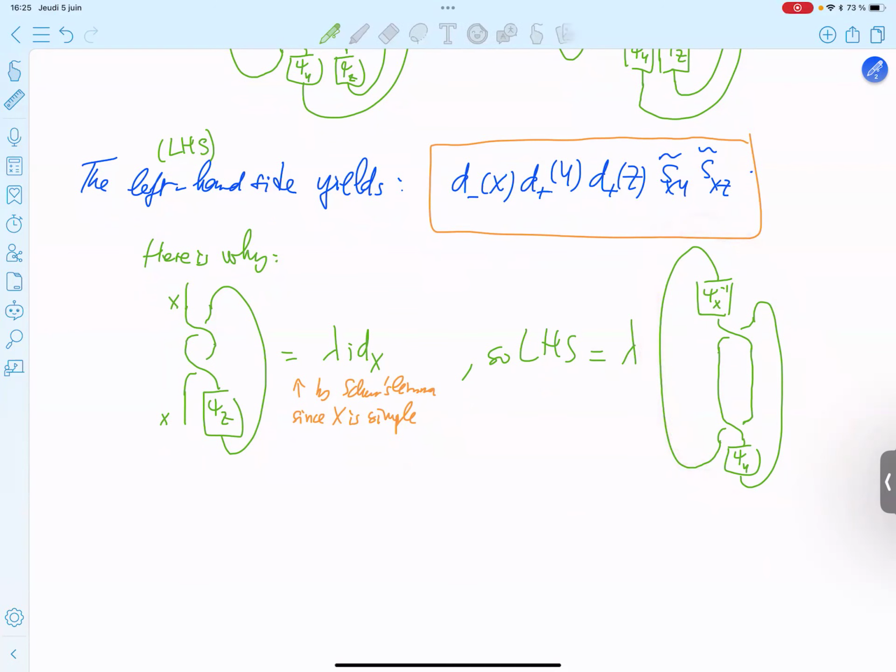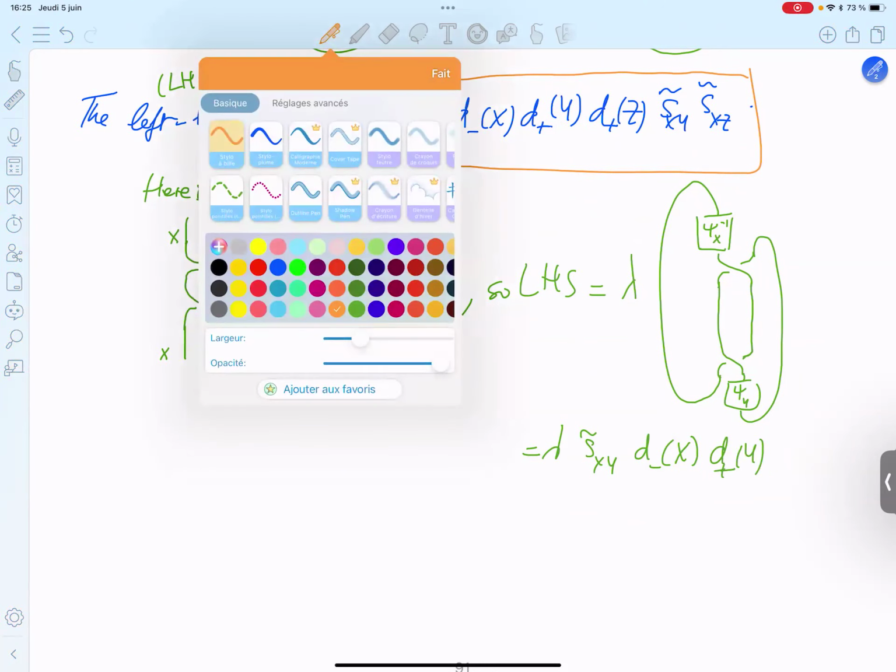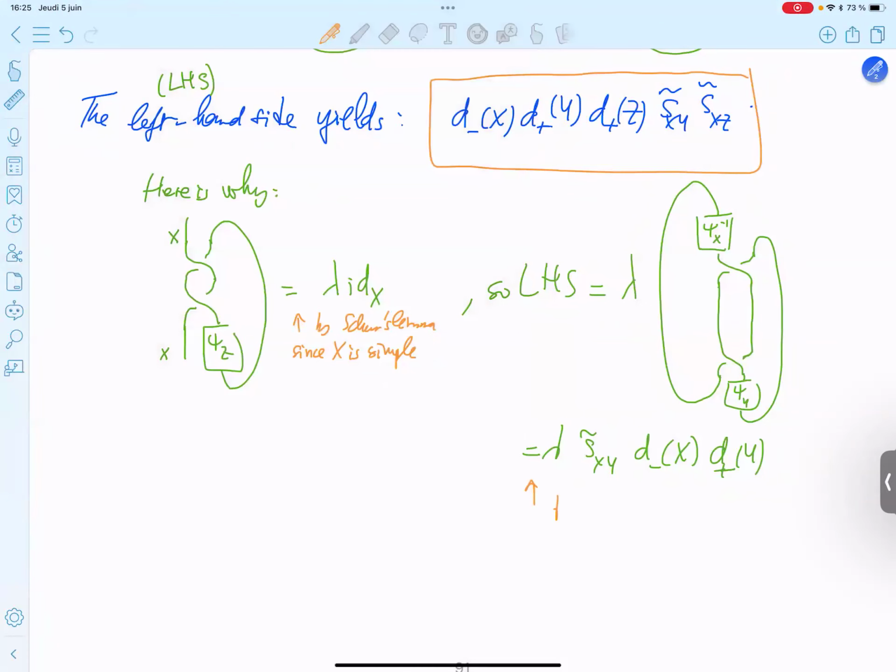So this is exactly lambda times the S-tilde entry xy times the dimension d plus y. And this is just by definition, Definition 2.27.